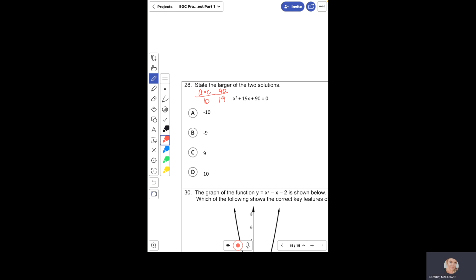I can look at that and tell you 9 times 10 is 90, and when you add it, it's 19. So we are going to use 9 and 10. Don't let it fool you and you just say, oh, 10 is my bigger number, that's my solution. No. Remember, you're going to put x plus 9 and x plus 10, set them equal to 0 to solve.